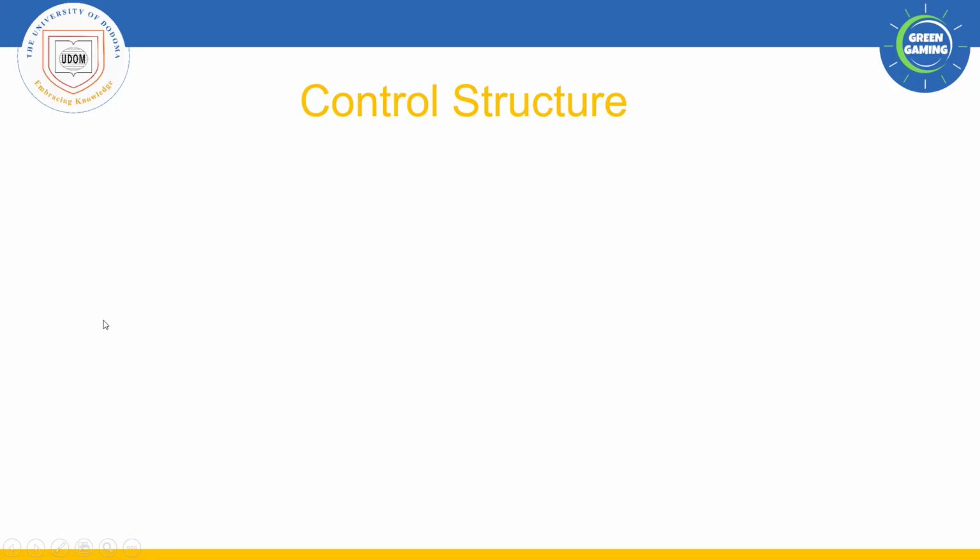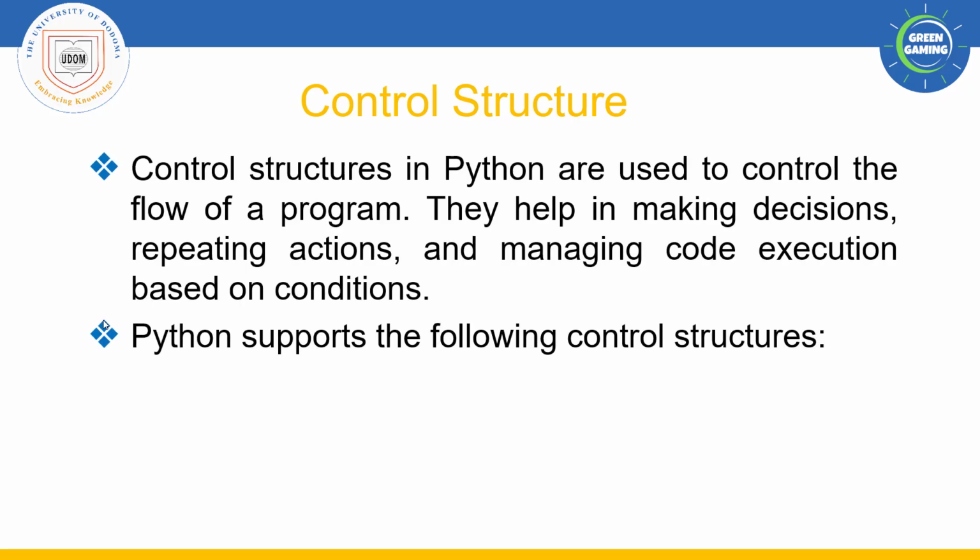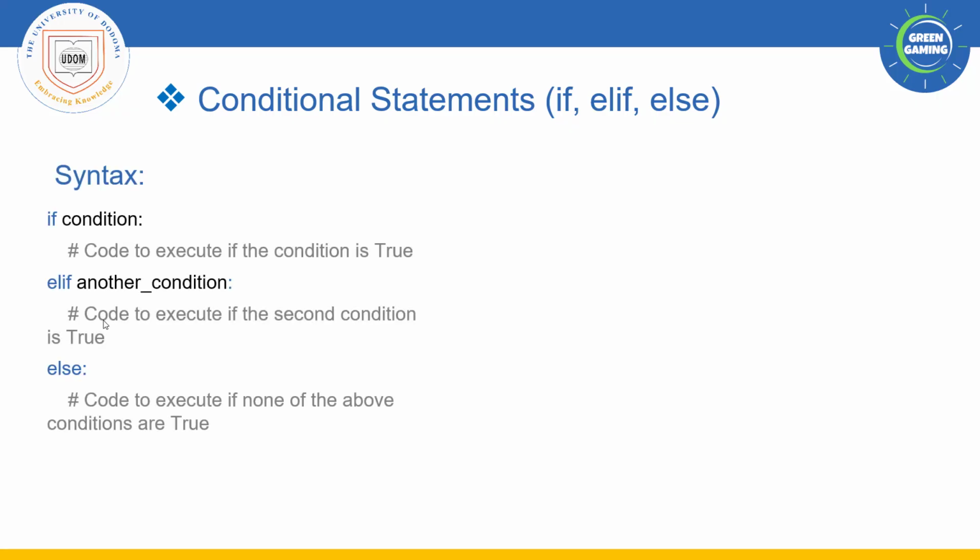What does control structure mean? Control structures in Python are used to control the flow of a program. They help in making decisions, repeating actions, and managing code execution based on different conditions. Python supports different kinds of control structure, which are conditional statements, which include if, elif, and else. The syntax is: if, condition.